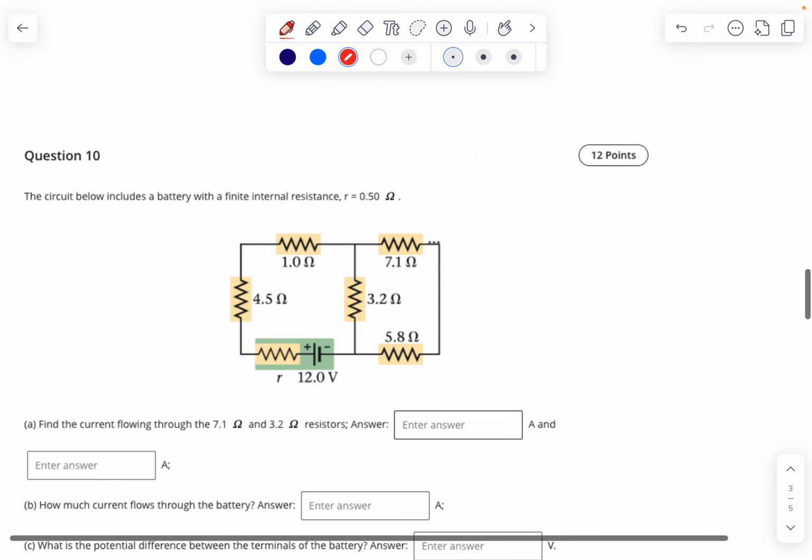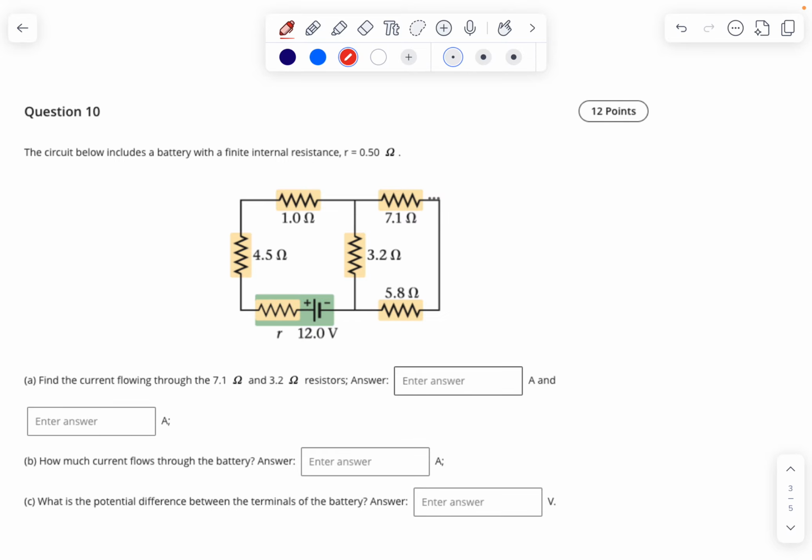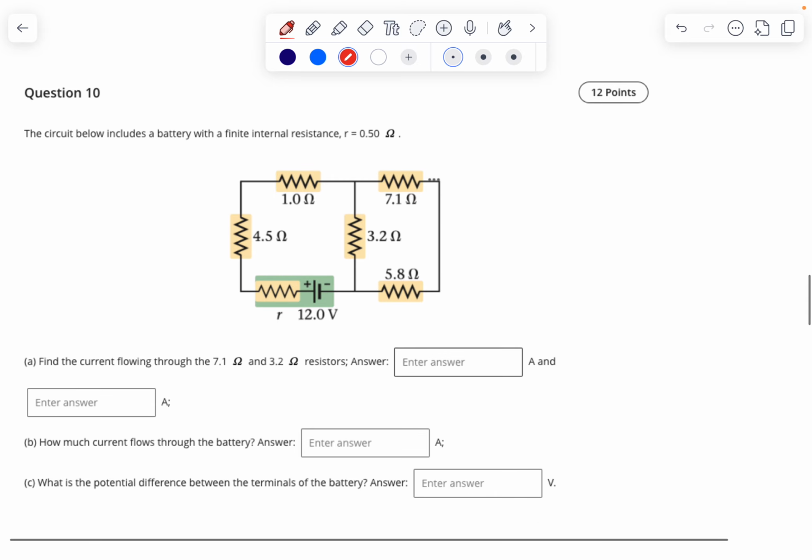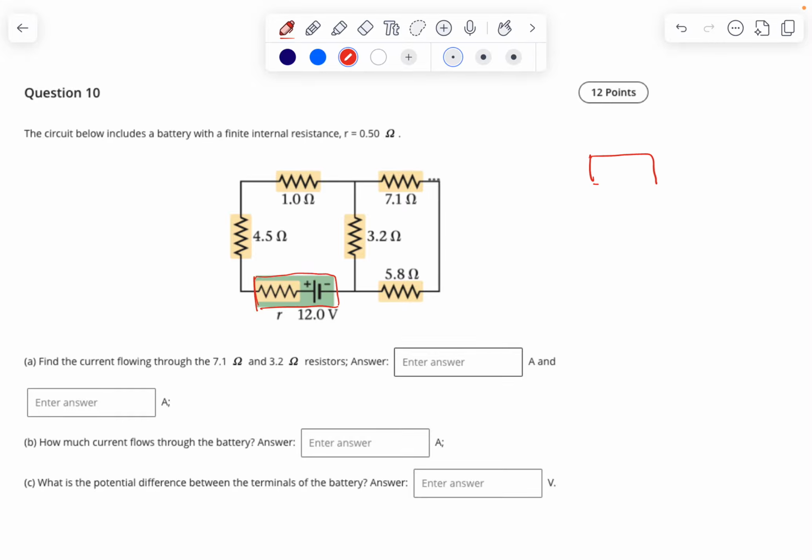Next one. This one is a little bit of a challenge. Here is the circuit below, which includes a battery with a finite internal resistance. You see this is the battery, like a battery with positive and negative terminals, and this is 12.0 volts.